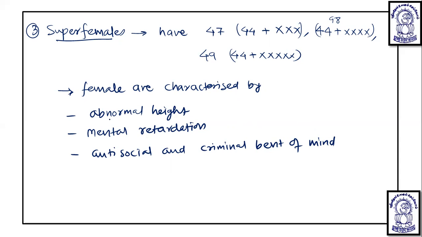Sorry, this is of the super male. I have written this by mistake, so we should remove this point. This will be coming with respect to the super male. Okay, with the Y chromosome, aggressiveness increases; here they are super females. Okay, so they have mental retardation, they have abnormal height.